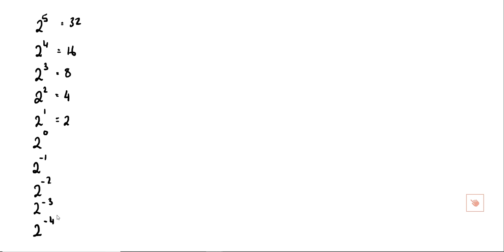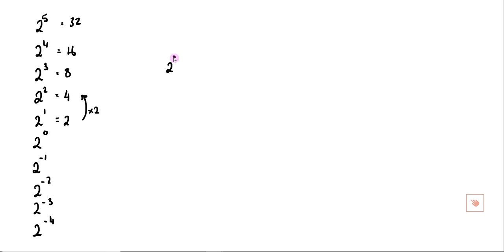Once you've had your guess, you've got to think about, can I come up with some reasoning behind that? The way we need to look at it is, what does it mean to go up a power? We've realised that as you go up a power, you multiply by whatever the base is. In this case, it's 2.